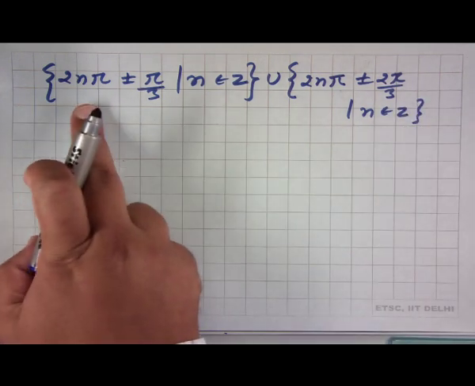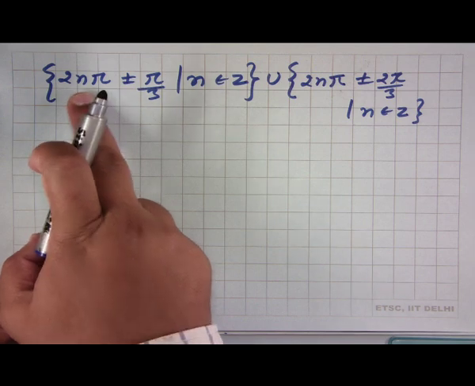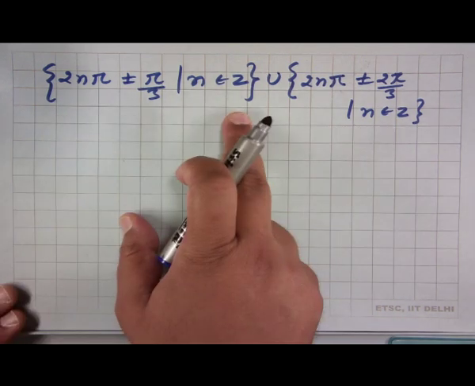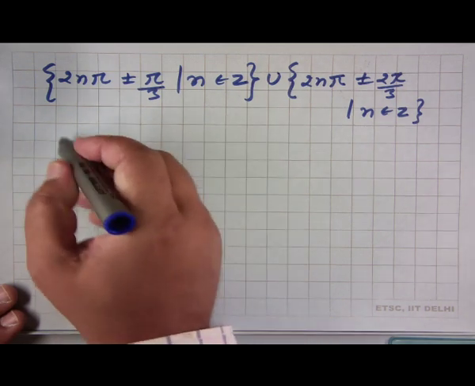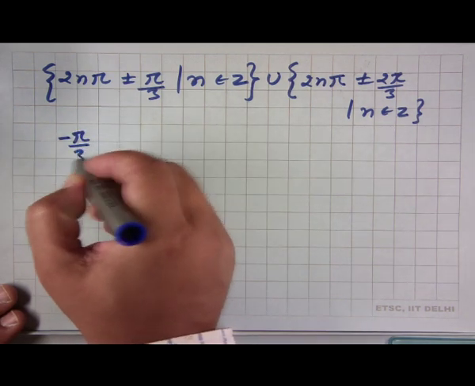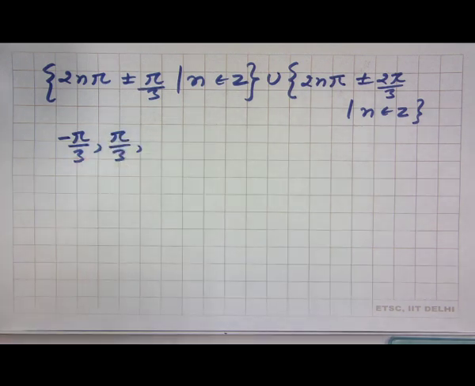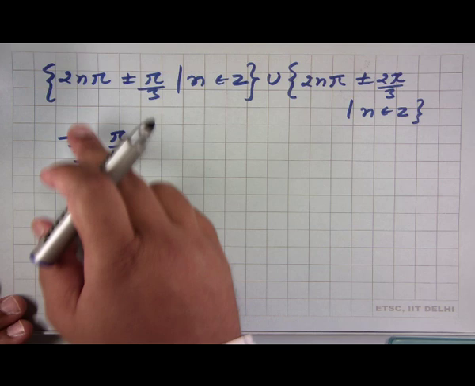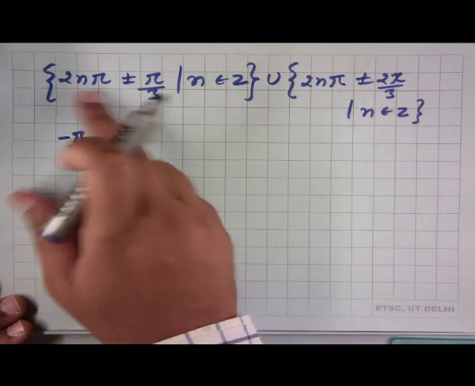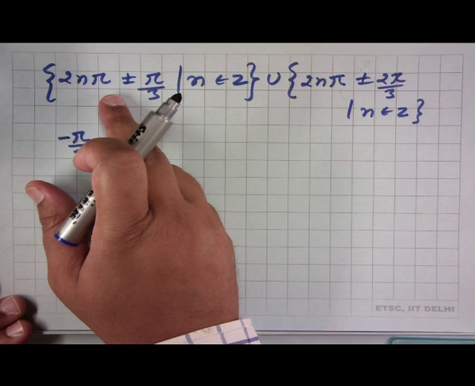Here, for example, if we take n equal to 0 in the first one, we get two solutions, minus pi by 3 and plus pi by 3, and both of them are in the interval minus pi to plus pi. If we take n equal to 1, then we are outside that interval.